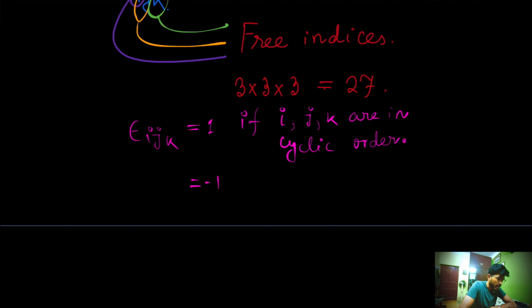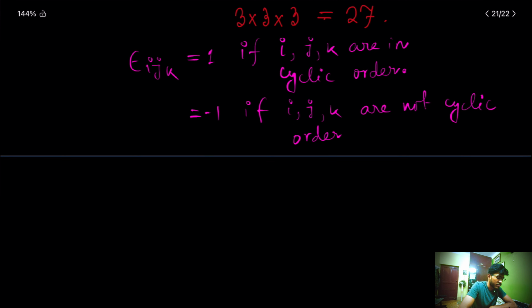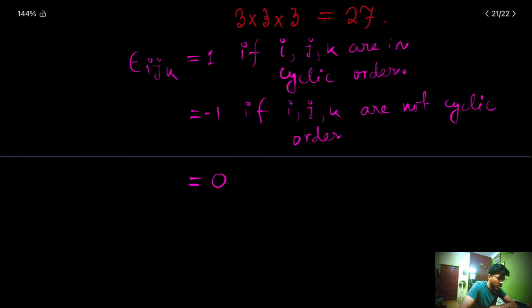It will be minus 1 if i, j, k are not in cyclic order, and i not equal to j not equal to k. It will be 0 otherwise.